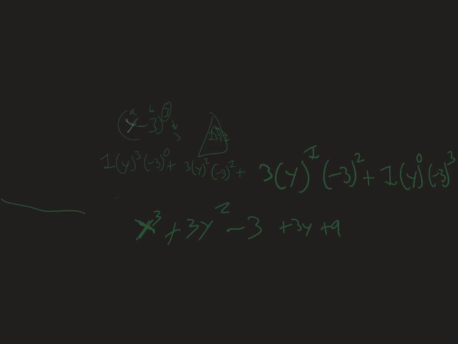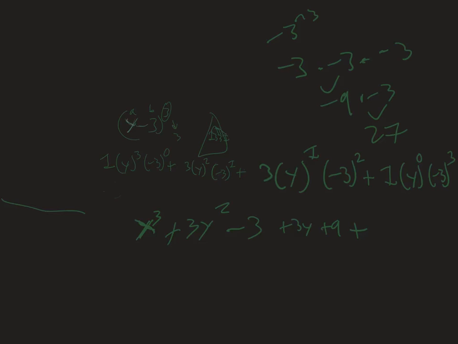Then we're going to have plus 1 times y to the power of 0, so that's 1 times 1 is 1, and then that's just negative 3 to the power of 3. I'll just solve the math instead of using my calculator.